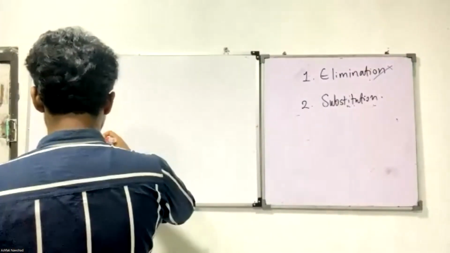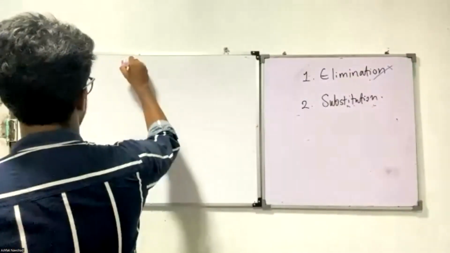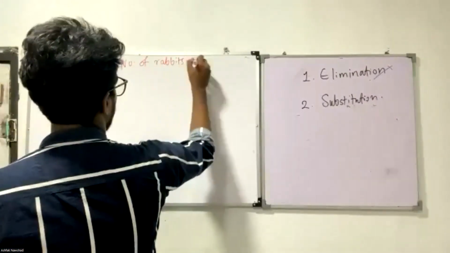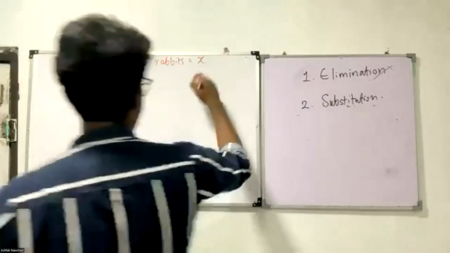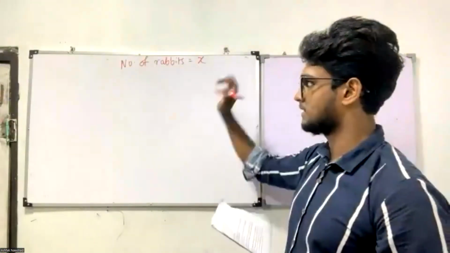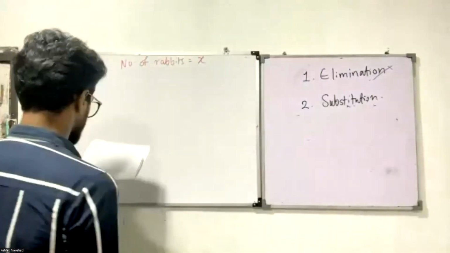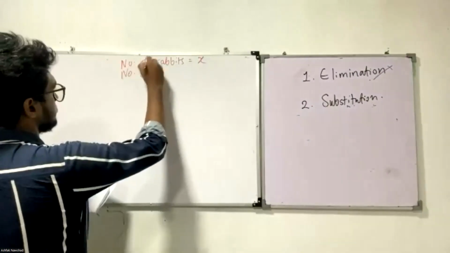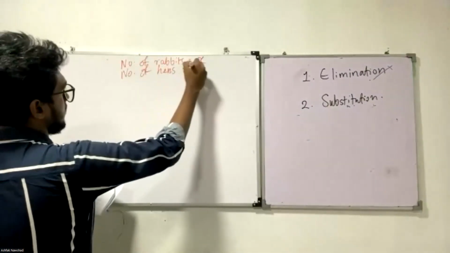I take the number of rabbits as x. You can take this as A, B, C, anything. You can take R for rabbit, that's perfectly alright. I chose x, number of rabbits x, and the number of hens I'll take as y.